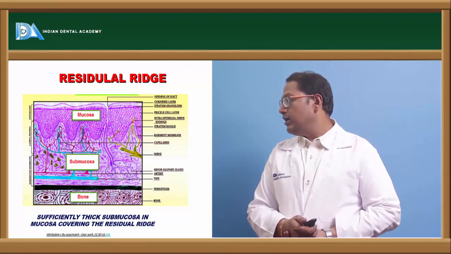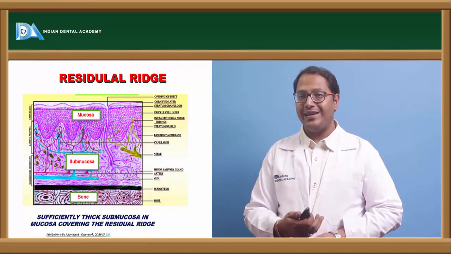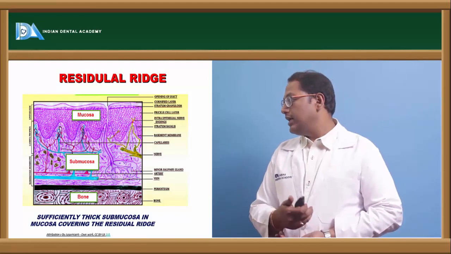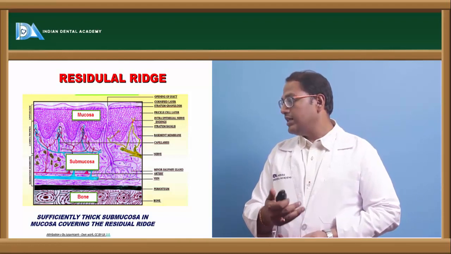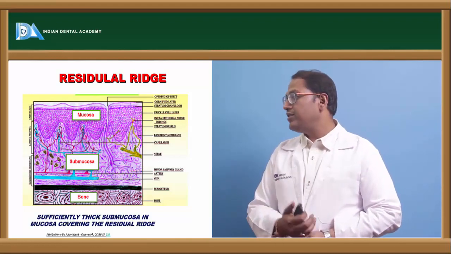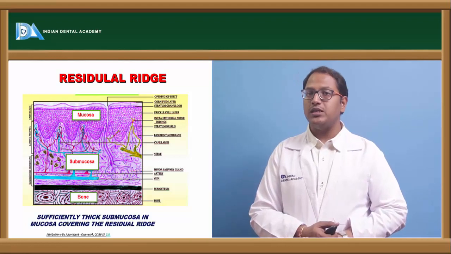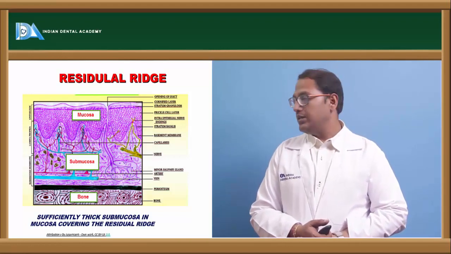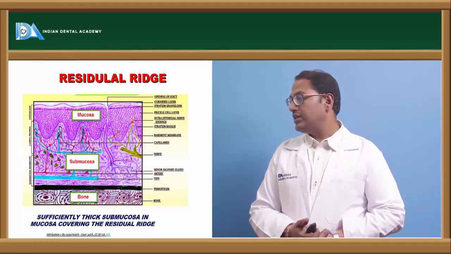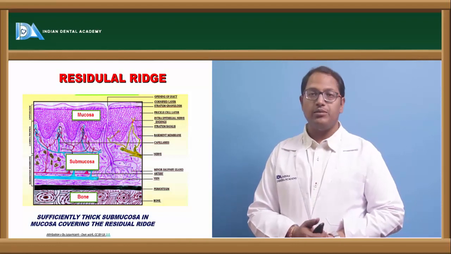Then there will be all kinds of cellular layers like stratum granulosum, stratum spinosum, stratum basale. All these layers will be there, and above everything there will be openings of the salivary gland ducts. So these are the three different layers: mucosa, submucosa, and bone.